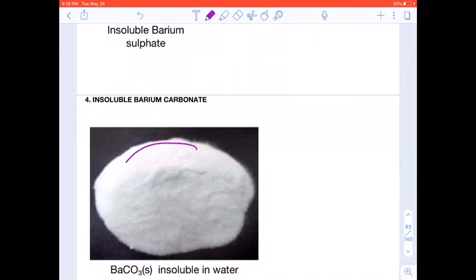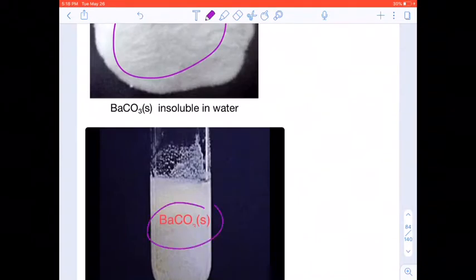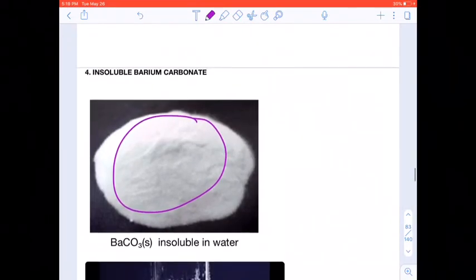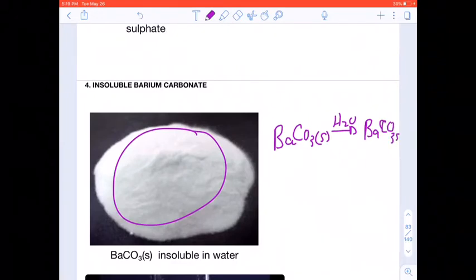Let's look at barium carbonate. Barium carbonate is also insoluble in water. Okay, so if we have barium carbonate, which is a solid, and in water, what happens? It doesn't dissolve, right? It does not dissolve.